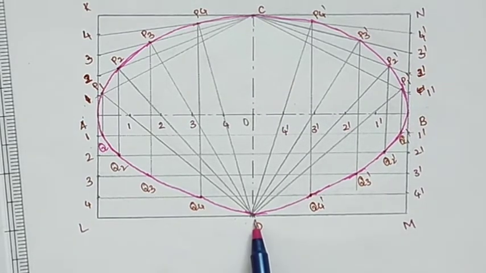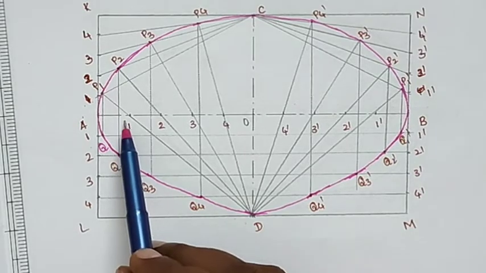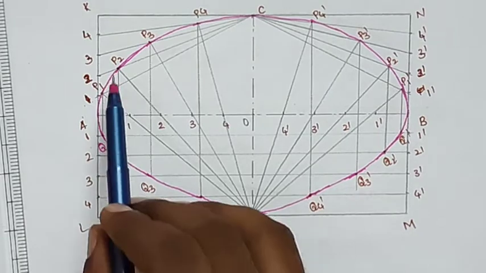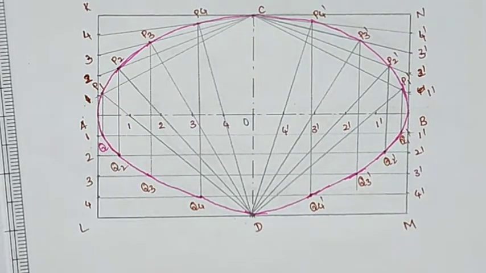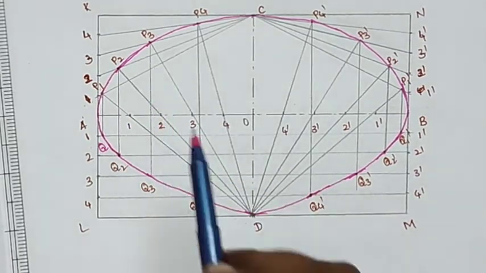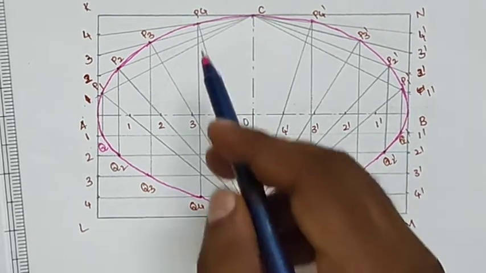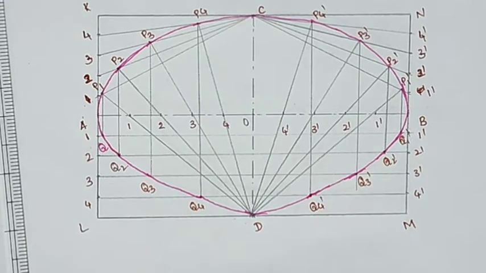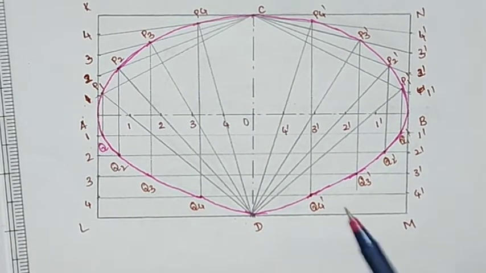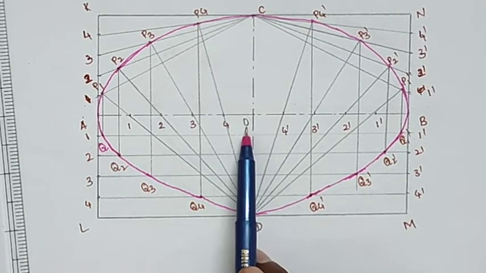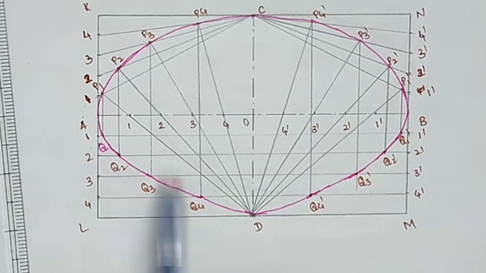Now from the point D, D21 join and extend this line up to C21 and locate point P1, D22 and extend that line up to C22 and locate point P2, D23 and extend that line up to C23 and locate point P3, and similarly you can locate the respective points P4 and P4 dash, P3 dash and P2 dash and P1 dash. After that, from the center O also we have points 1, 1 dash, 2, 2 dash, 3, 3 dash and 4, 4 dash.